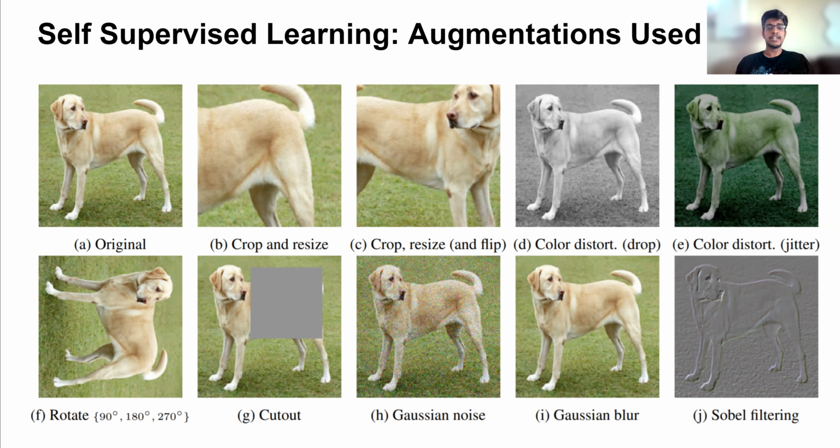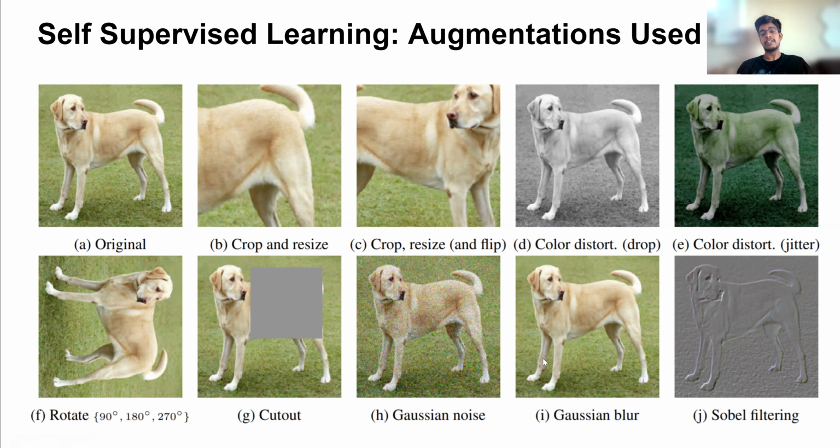So you want your convolutional neural network to be invariant to croppings, different resizes or scales. You want it to be invariant to colors, either black and white or jitters. You want it to be rotation invariant. You want it to be able to make predictions even though some part of the image is not visible, so cutouts. If there is noise in your images, you want it to be invariant to that.